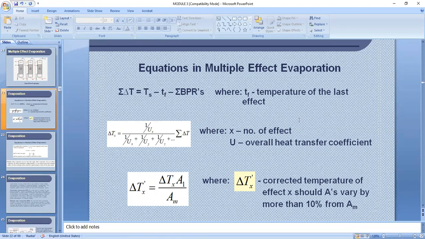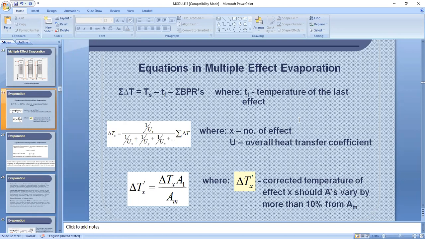There's a particular step in there in which you need to go back and redo your calculation because the individual areas computed deviate from the mean area by more than 10%.